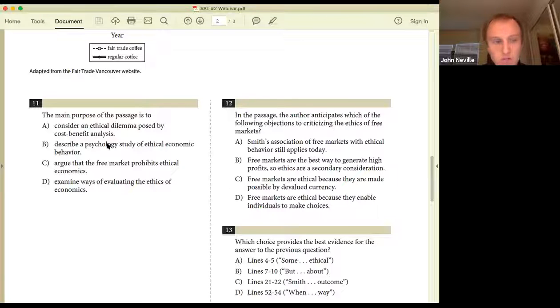The other thing to notice with these questions is that there's kind of 2 to 3 parts to each answer here, right? There's the verb: consider, describe, argue, examine. And in this case, those 4 verbs are pretty similar. But in a lot of cases, the verbs that an answer choice starts with, especially to a main idea, can be quite different, right?